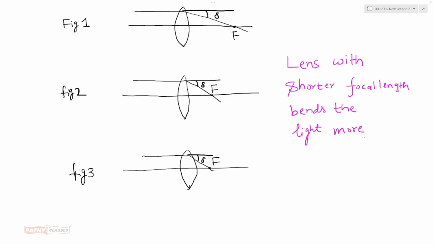Now let us develop the formula for the power of the lens. To develop it, let us consider a convex lens and a ray of light parallel to the principal axis, and delta is the angle of bending of light. Now from the figure, tan delta is opposite upon adjacent side, that is h upon f.